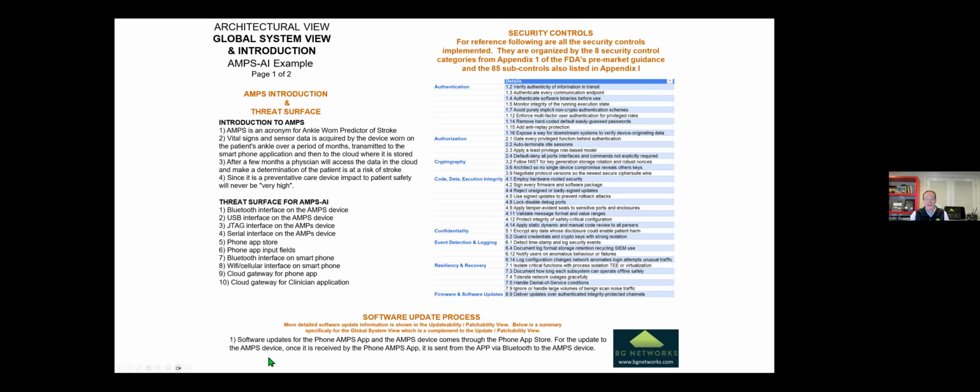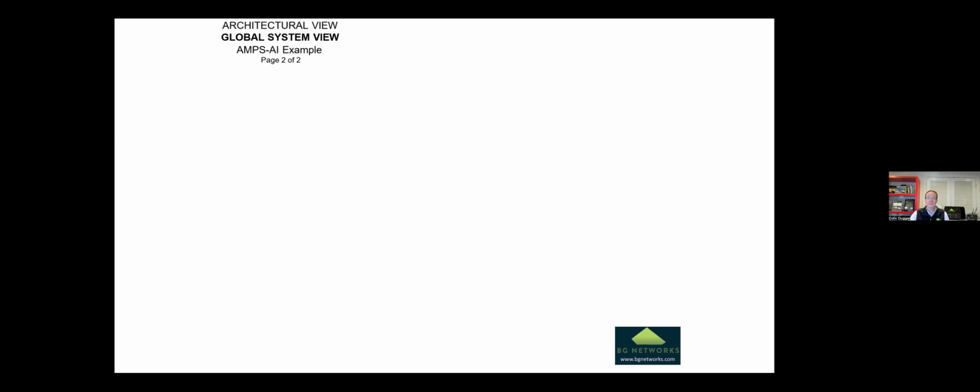And the update to the device itself is received from the app that's running on the patient's phone over Bluetooth. So we just explained very simply what the path is, again, just to give the FDA reviewer a little bit of context and understanding of how that's going to work. And then when we get to the patchability, updatability diagram, we get into more detail.